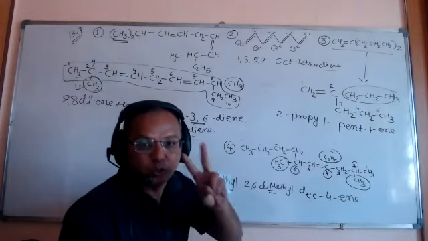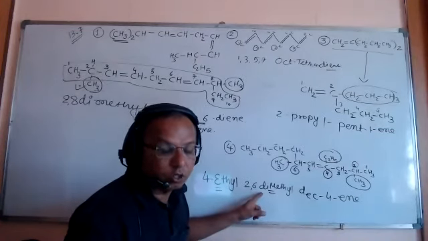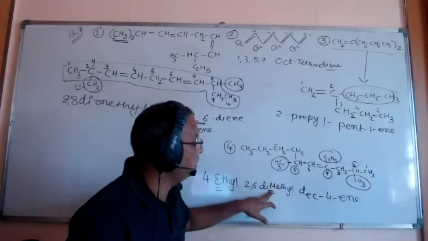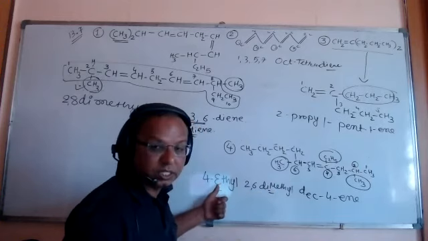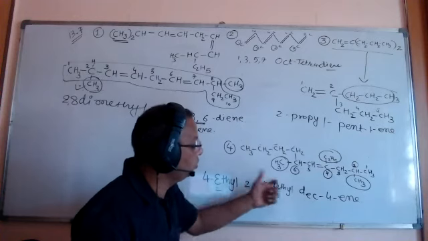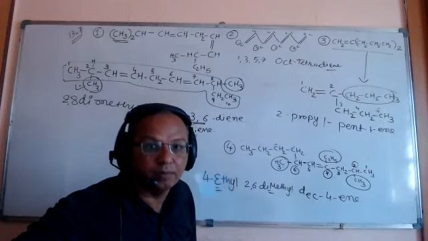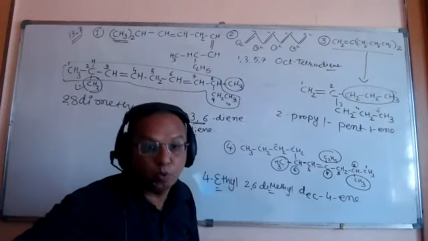Di is not considered in alphabetic order. That's why M is considered and E is considered. E comes first. That's why 4 ethyl is mentioned first, 2, 6 dimethyl is mentioned later. And dec for 10 carbon, friends. And this is 4 ene, double bond.